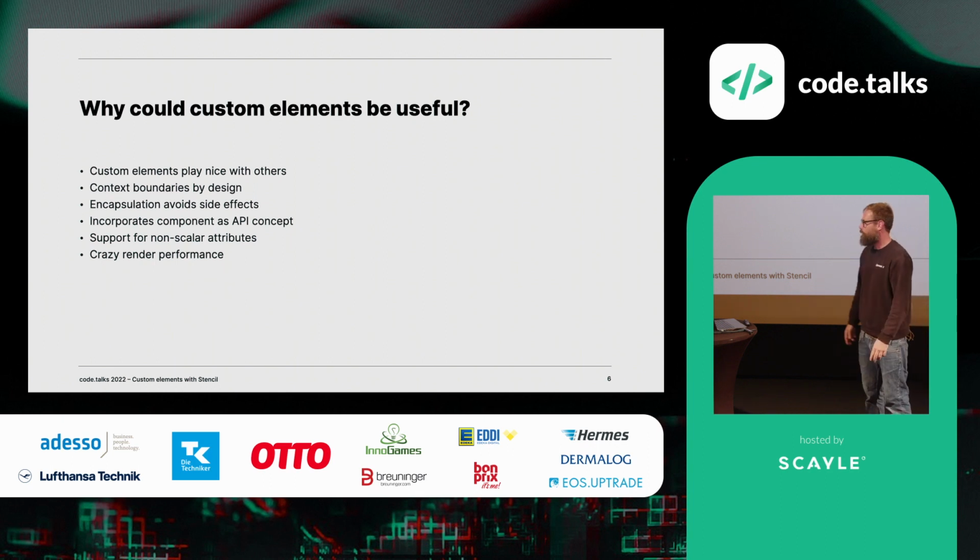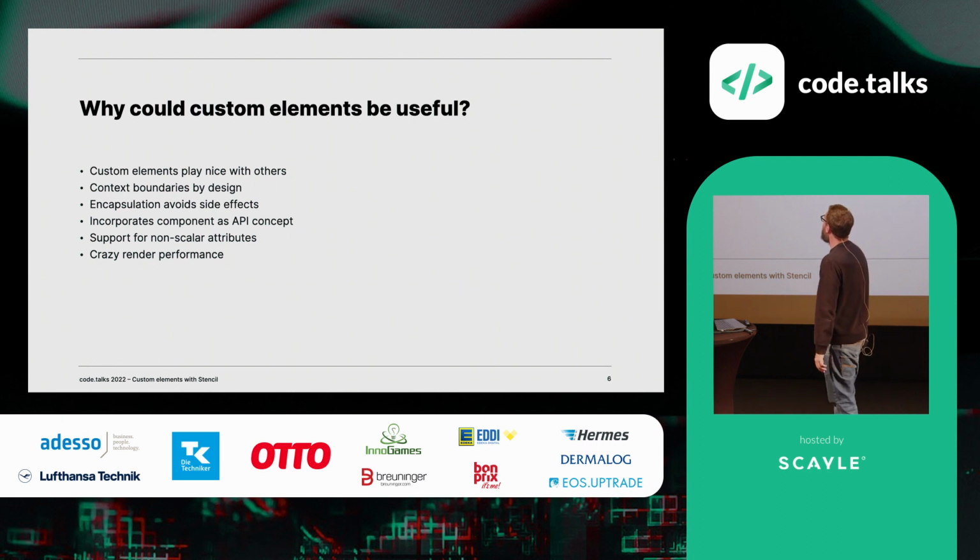The same goes for passing in some object as an attribute. You need to serialize it and later on get it back and deserialize it, things like that. With custom elements, it is also possible to use non-scalar values as attributes, which is pretty helpful if you're building higher level components where it's not feasible from the semantic perspective to express them just by strings.